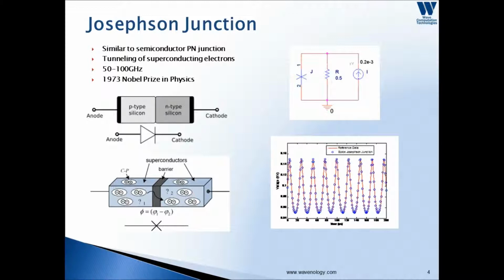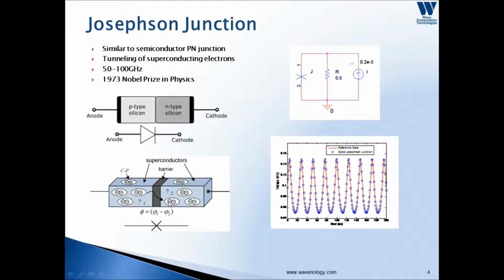For the superconducting case, it's actually quite similar. You're just sandwiching a non-superconducting material layer between 2 superconducting layers. And the phenomenon is that the superconducting electrons tunnel through this insulator.